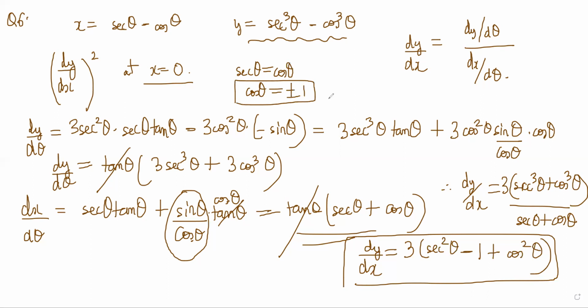If cos theta is equal to plus or minus 1, your sec square theta will be 1 and this will be 1. And you get 1 minus 1 cancels and you get 3. So the slope here should be equal to 3. And we have to find dy by dx whole square. So that will be equal to 9. You understand how we did it?